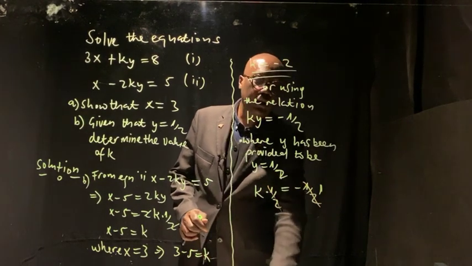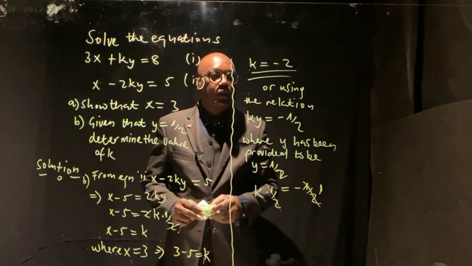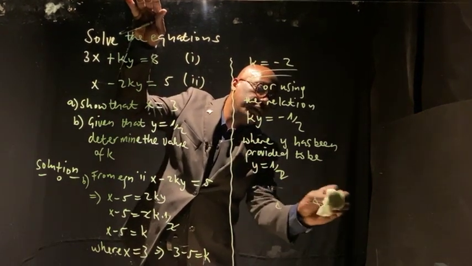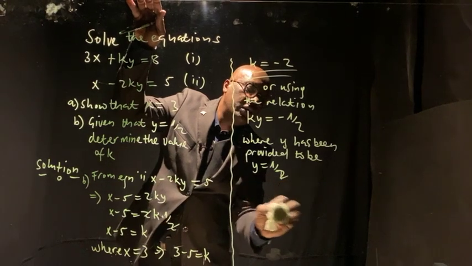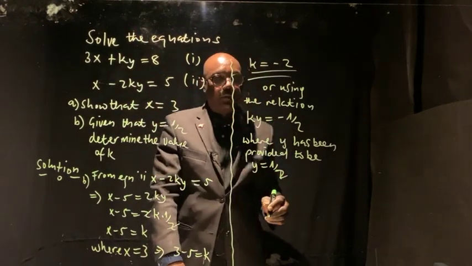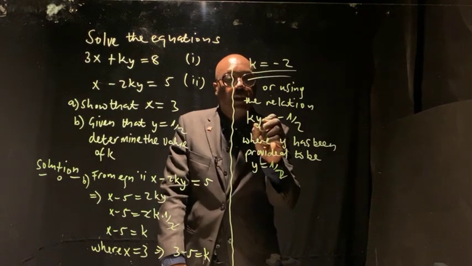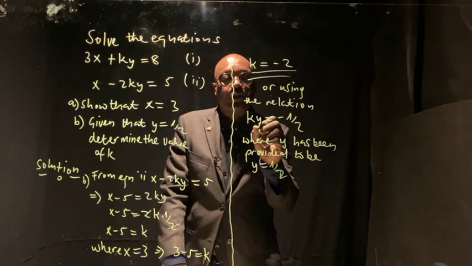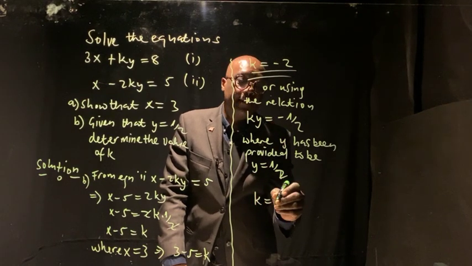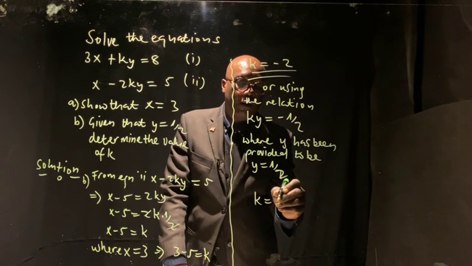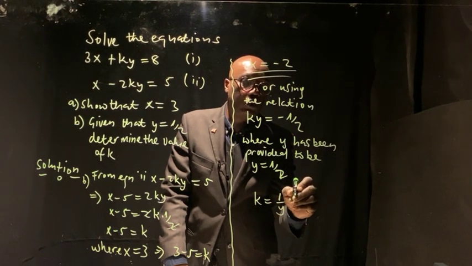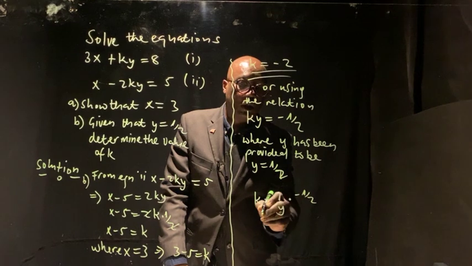Oh, maybe I did it too fast, because to some people it may not be reasonable to STEM students. So let us make it simpler. We will say that k equals 1 over y multiplied by minus half.